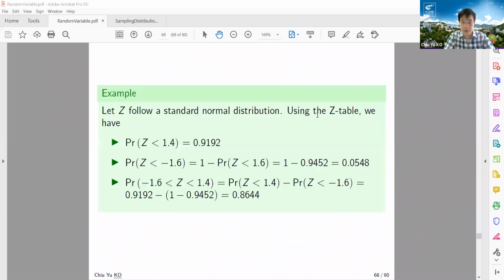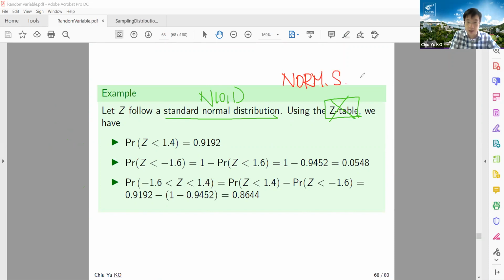So let me give an example. Now we have a standard normal distribution, N(0,1). Using a Z table, which we will not use, we use Excel instead. We're using the Excel function called NORM.S.DIST. Google Sheets will also have the same function, but we'll just illustrate through Excel.